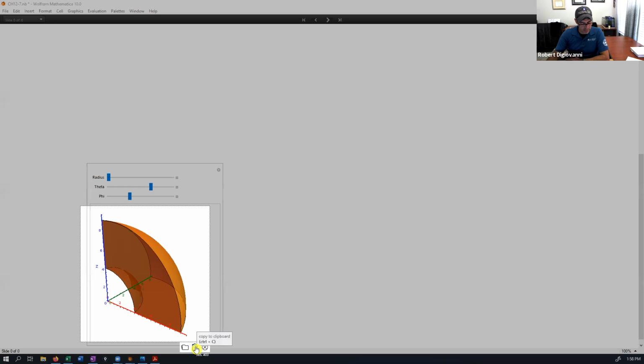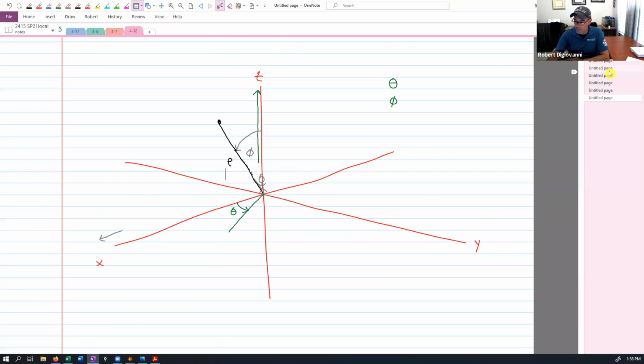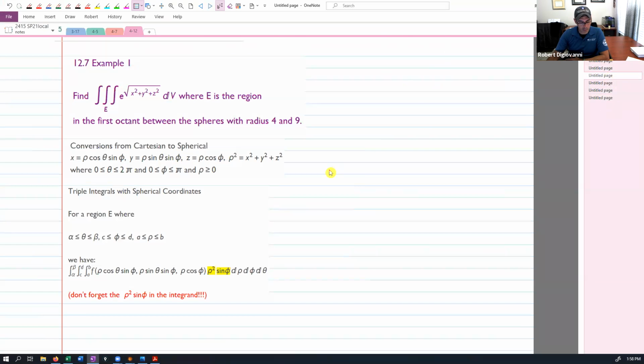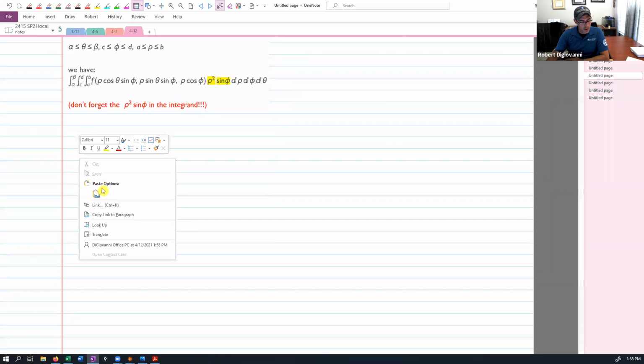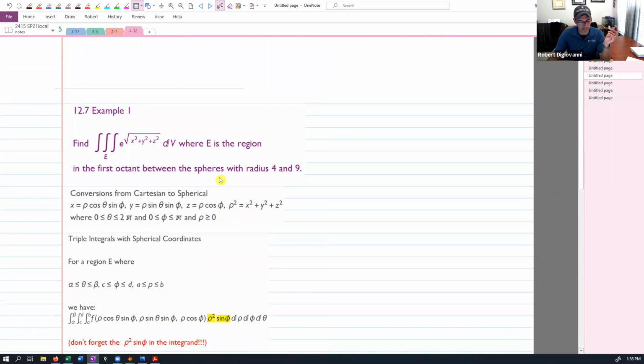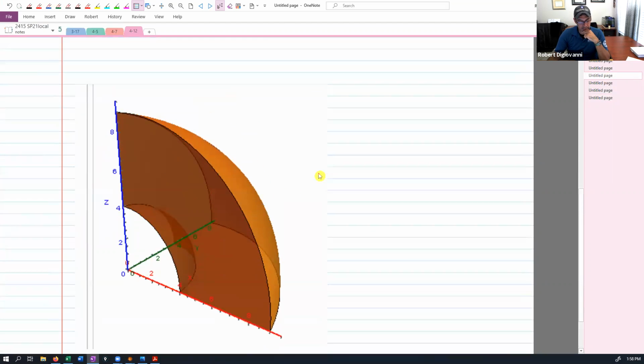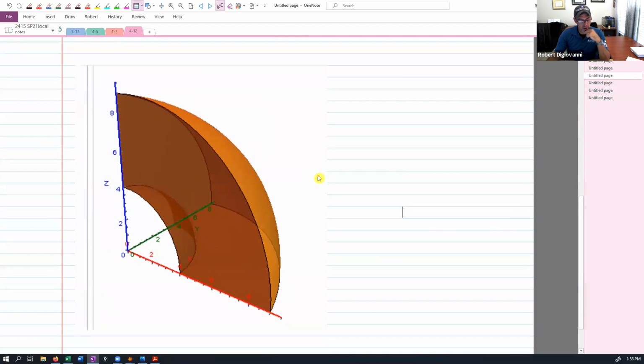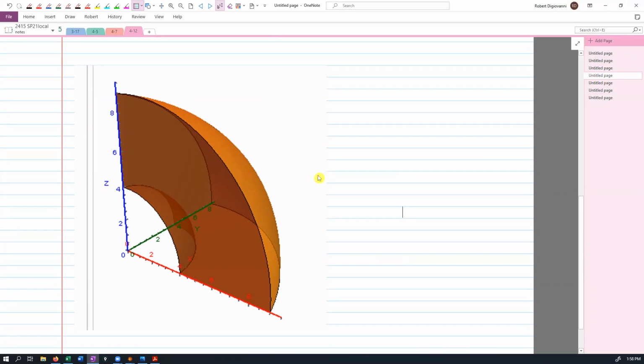I'm going to take a little picture of this, take it with us. I have a question. Here's the problem. Hopefully you could kind of visualize this with just what they gave you right here. So my question to you is this: could we do this with Cartesian? Yes, probably.